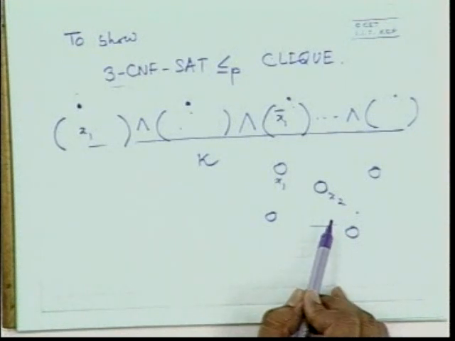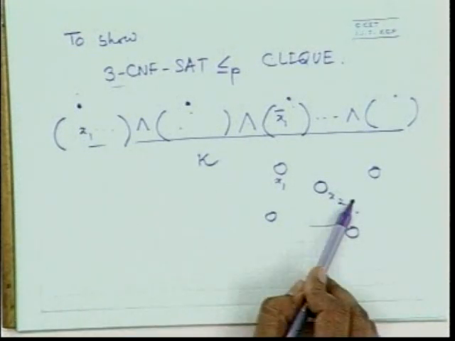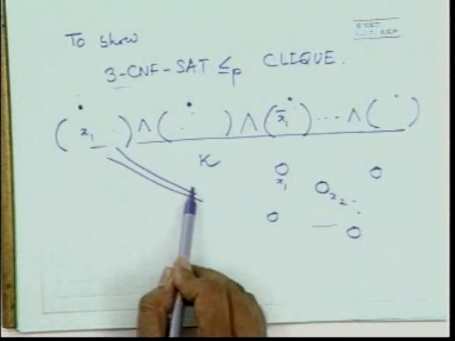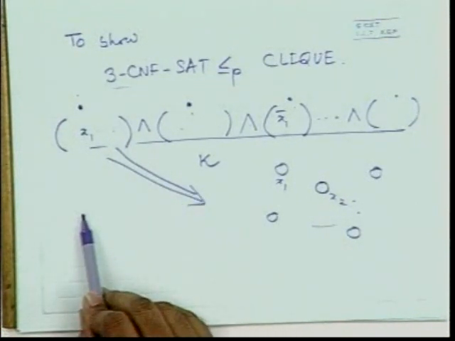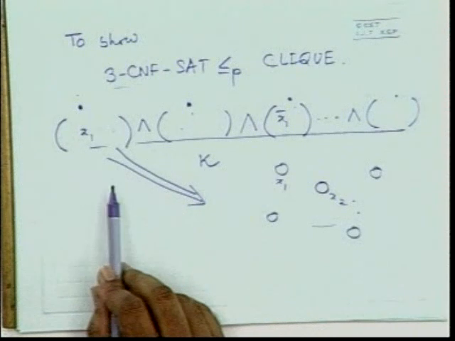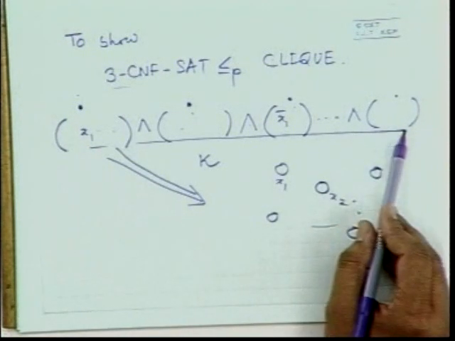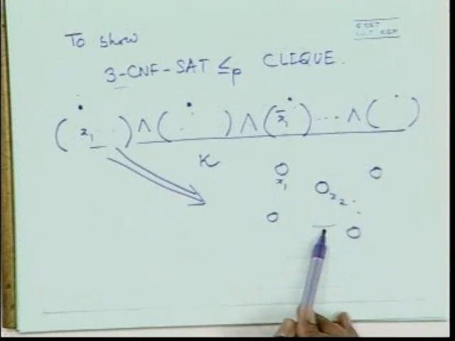I have shown by this argument, in the direction from the formula to the graph, that if this formula has a solution or a truth assignment, then this graph has a clique of size k.